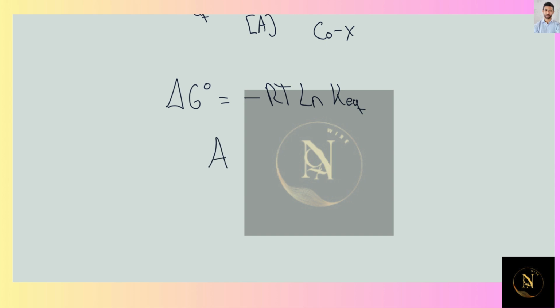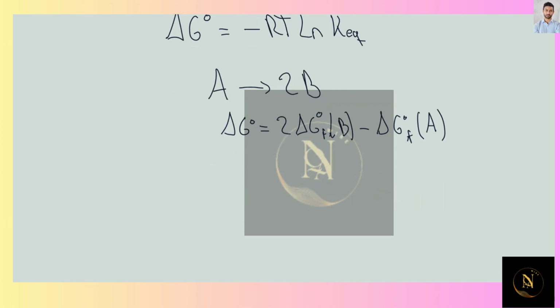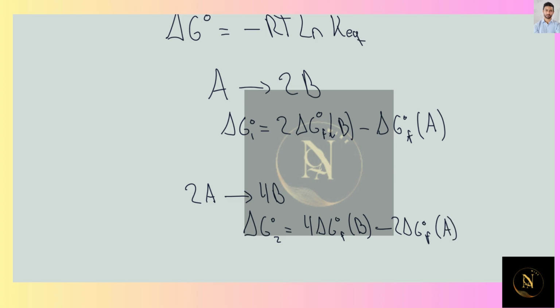For example, in the same procedure that we have, A going into 2B, the delta G for this reaction would be equal to 2 times the standard delta G of formation for species B minus the standard delta G of formation of A. If you double this reaction, 2 of A going into 4 of B, the delta G for reaction 2 would be 4 times delta G of B minus 2 times delta G of formation of A, which is essentially 2 times the delta G for the first reaction.